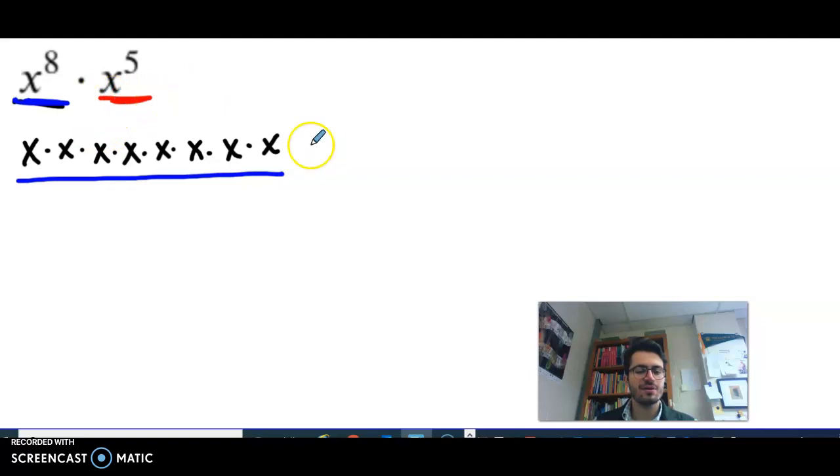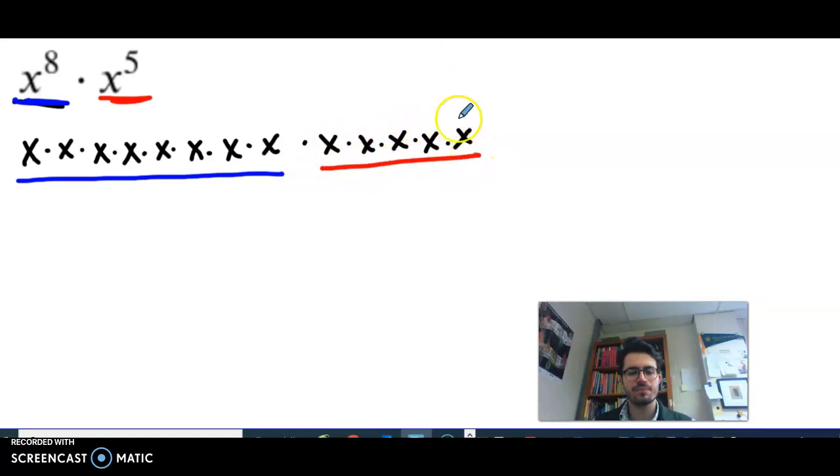And then we have this one, which is 5 more x's. We see in total then, we have 13 x's being multiplied. So this is the same as x to the 13th.